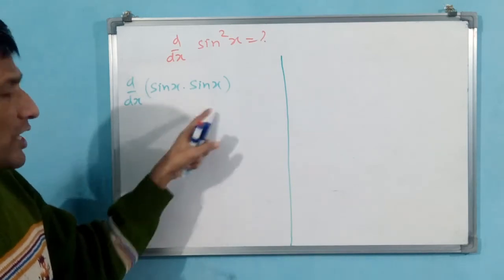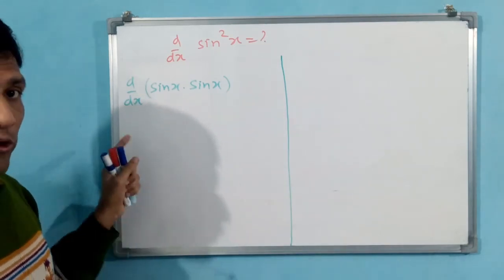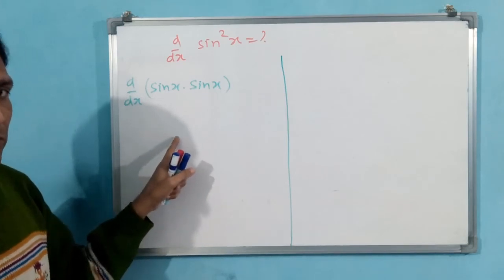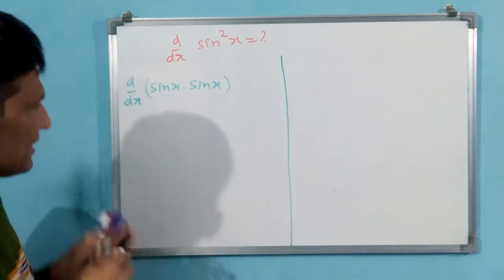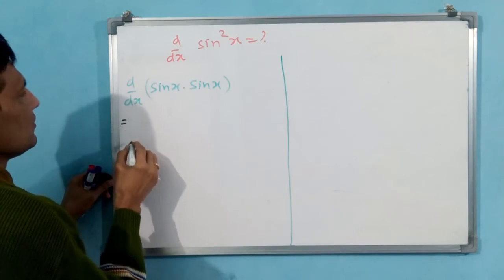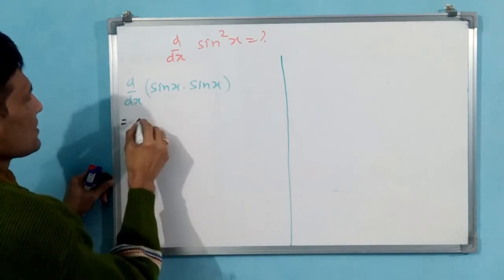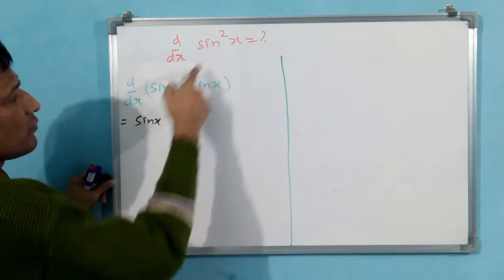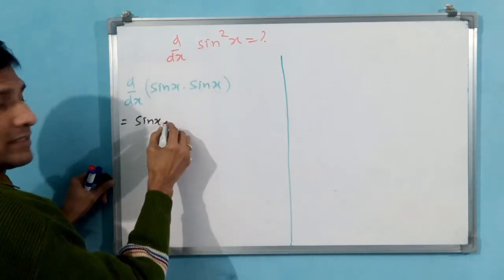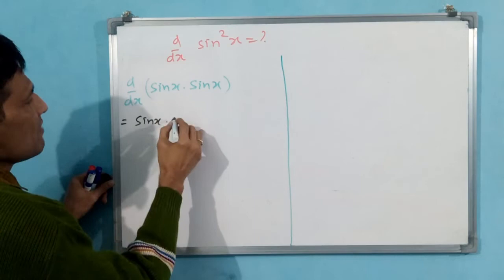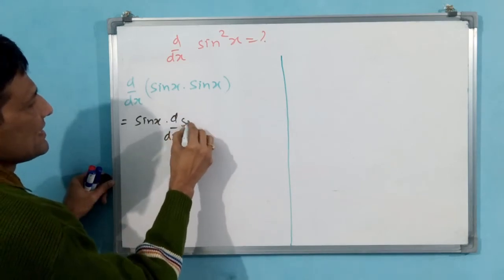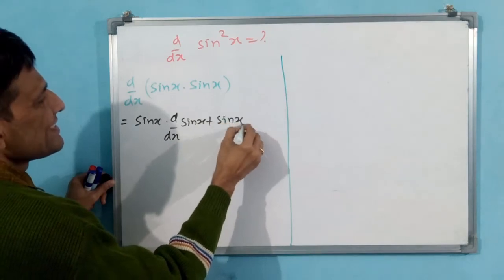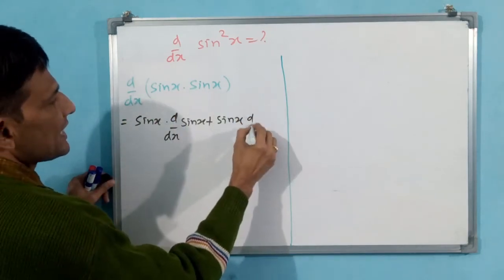Okay. d by dx u into v is u dv by dx plus v du by dx. You can write. I am writing, you see. That is equal to sin x, u and v both are sin x only. Sin x into d by dx sin x plus sin x d by dx sin x.